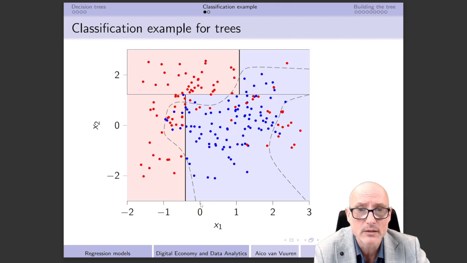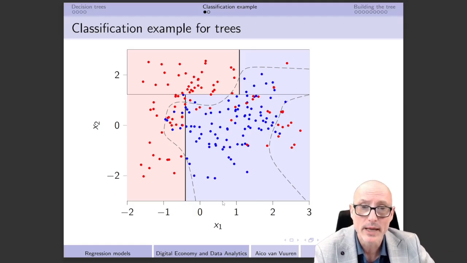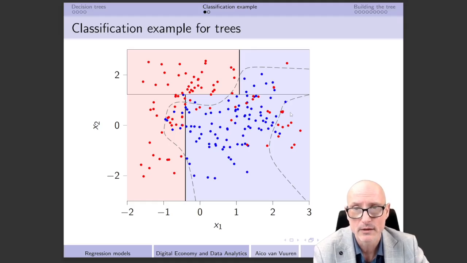It doesn't have to be exactly at 0, we can also do it a little bit below 0, or in between 0 and 1. So already based on x1 we have a whole continuum of different places where we can split, and that is also true when we look at x2. Then we can split horizontally or vertically on many different levels.